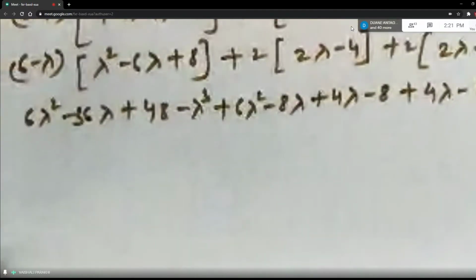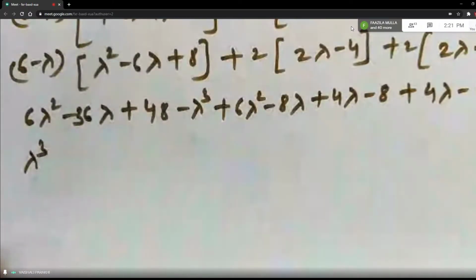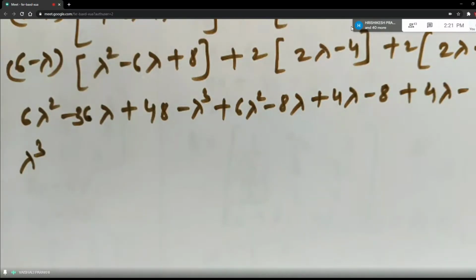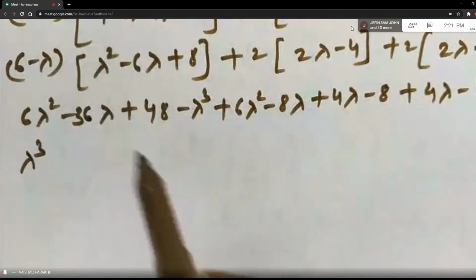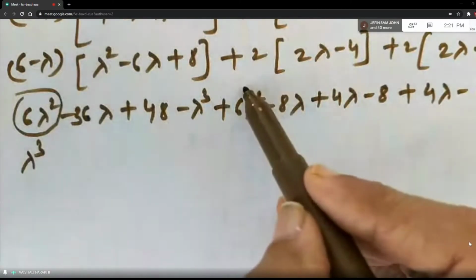So once opening of the brackets is done, collect the like terms. Like lambda cube, there is a single term, so I'll write it as it is. Now see how many terms are there in lambda square, students? This is one term here, right? And this is one term.